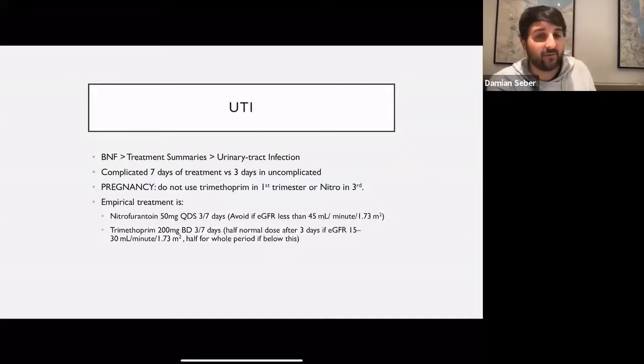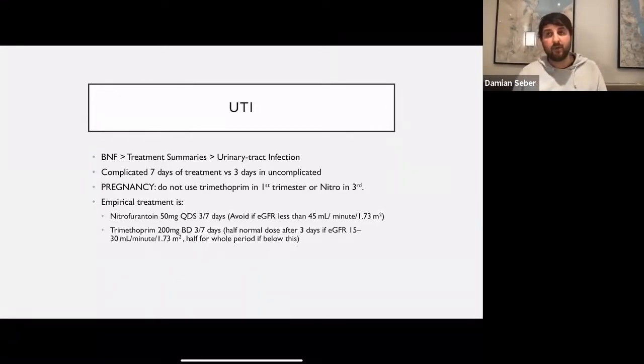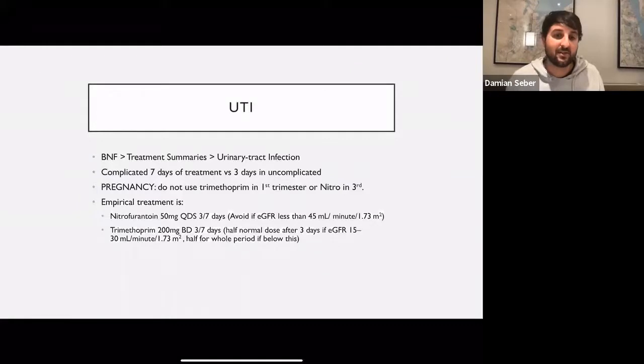So empirical treatment for UTI is either nitrofurantoin or trimethoprim. Another way they try to catch you out is that the renal function will be off in the patient. If their eGFR is less than 45, you can't give nitrofurantoin. So look to see if there's a U&E in any UTI prescribing.